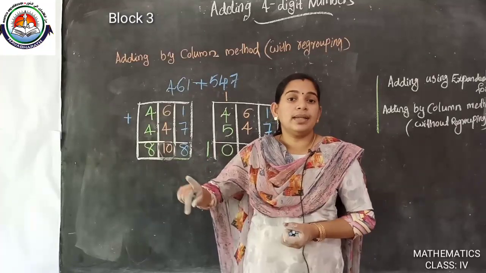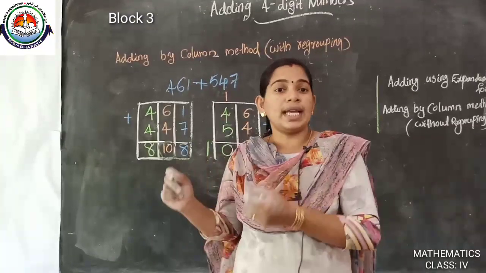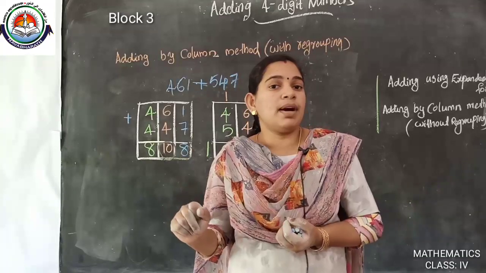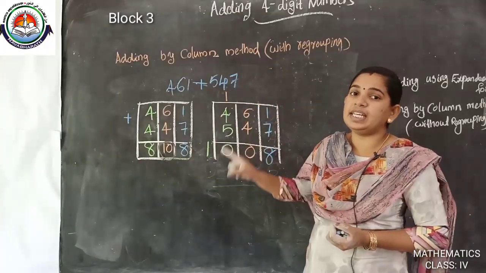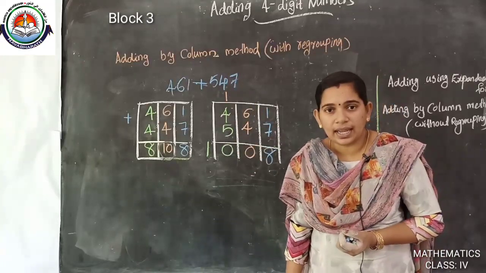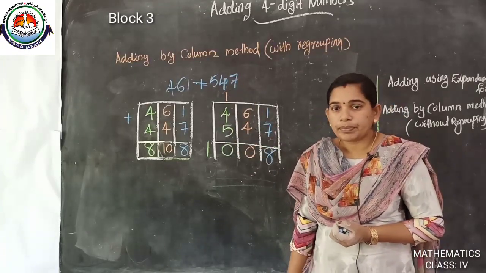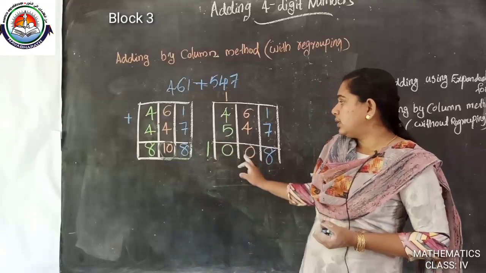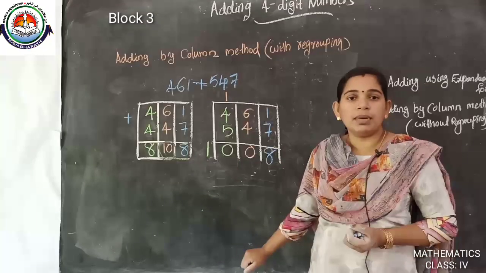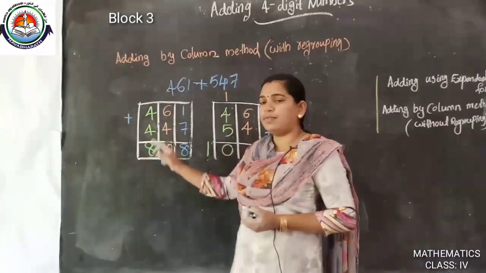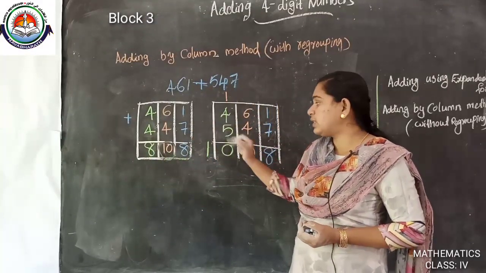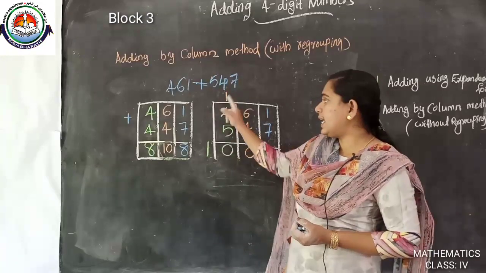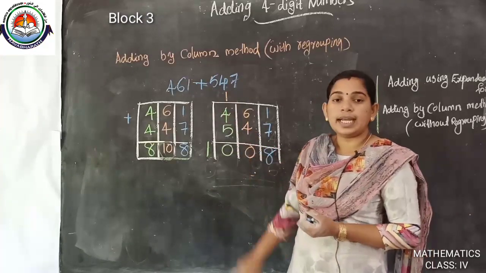But we know that if the answer becomes a 2-digit number, we place 1 digit first. Then the tens place digit becomes the carry. Okay. Then we add these 2 numbers. She correctly added 4 plus 4, 8, but we needed to add 4 plus 5. Okay, then 1 carries the 10.